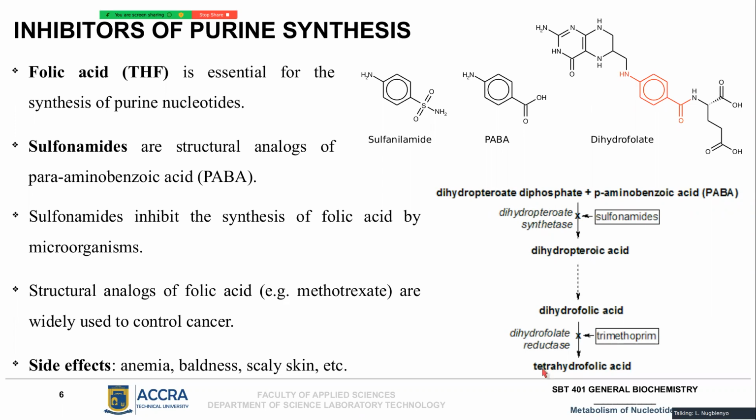But of course, there are side effects. If you are inhibiting the synthesis of folic acid, which we say is responsible for cell growth and the cell cycle proceeding normally, then it affects the development of the red blood cells, the erythrocytes. So the process of erythropoiesis is going to be inhibited, and that will cause some form of anemia.